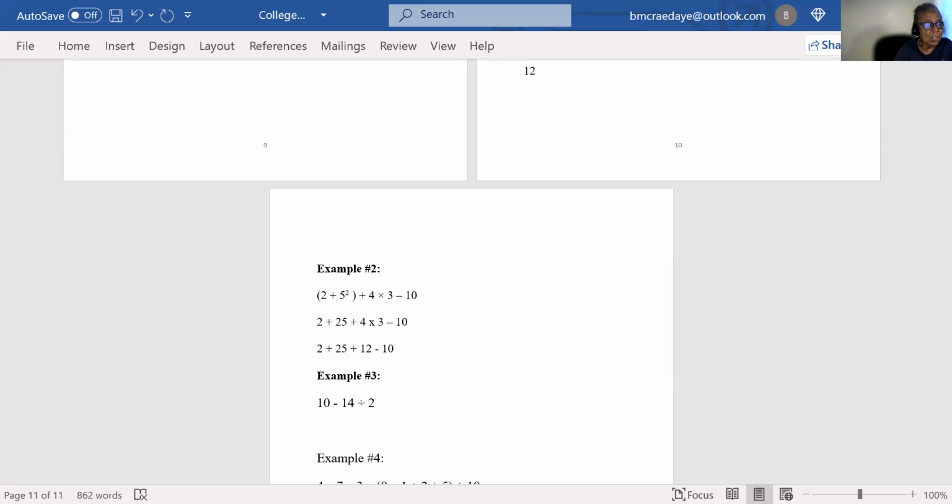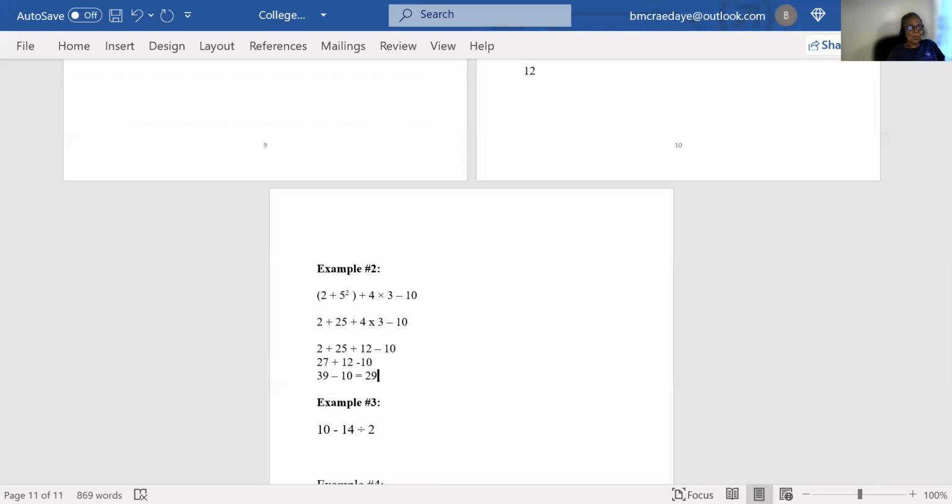Okay, so addition, left to right. So 2 plus 25 plus 12. Okay, 2 plus 25 is 27. So you have 27, plus 12 minus 10. 27 plus 12 is 39. So you have 39 minus 10, and that's equal to 29.